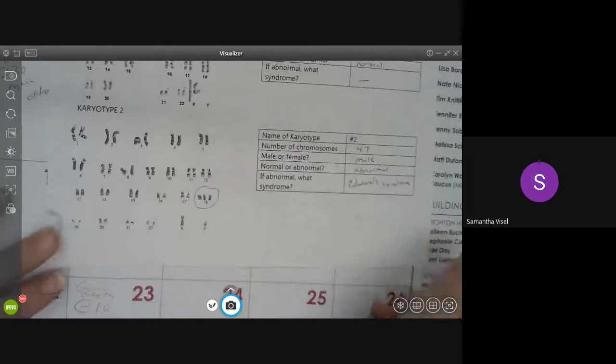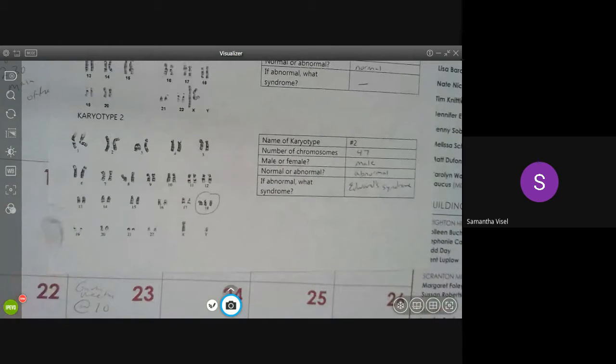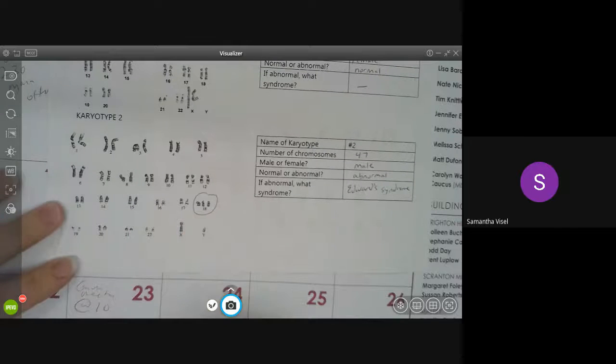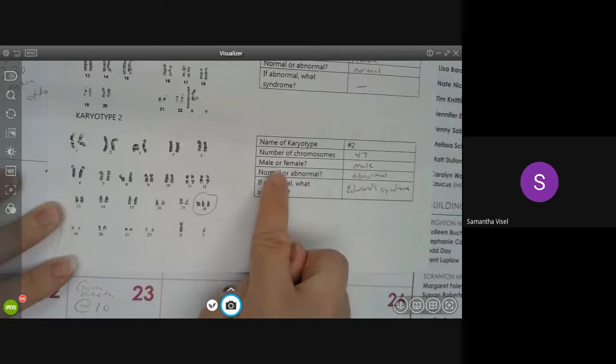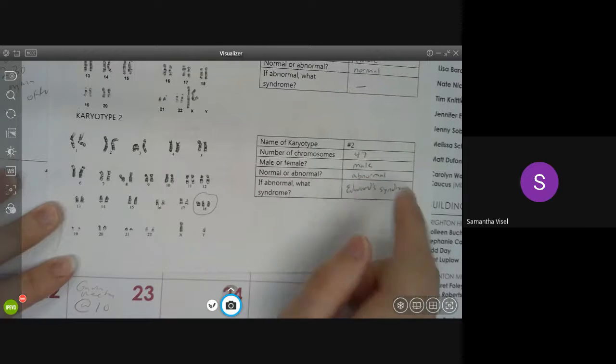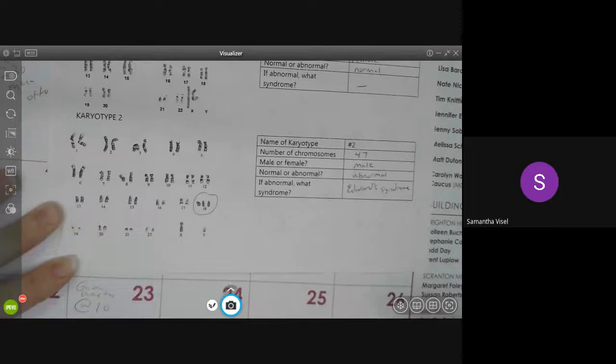And this next one here, I do happen to have an extra chromosome. If I go through and count, I have 47 chromosomes total. And the extra one is a trisomy, happens to be here at 18. This person is male, 1 X, 1 Y. This would be an abnormal karyotype though. I have 1 extra chromosome.